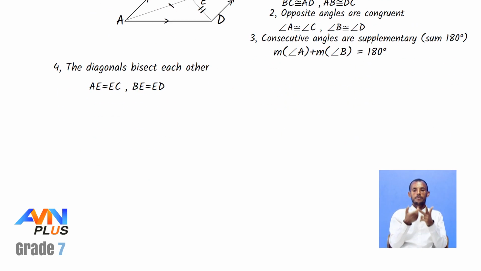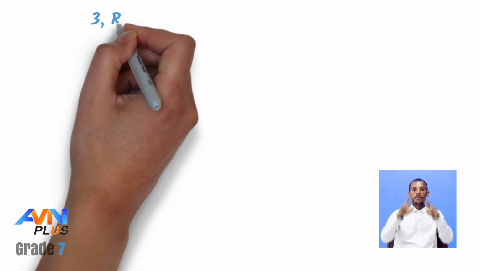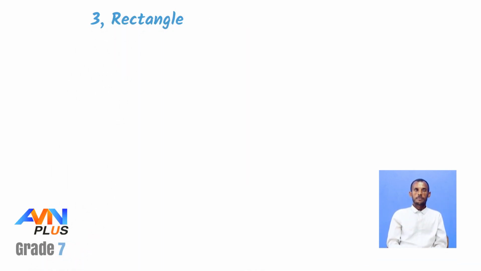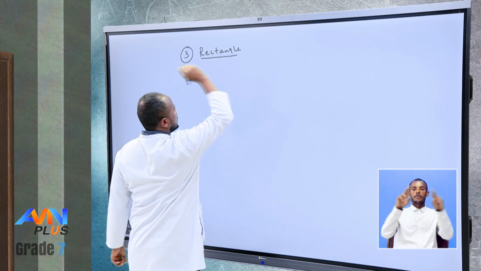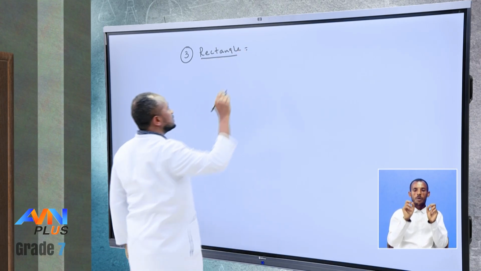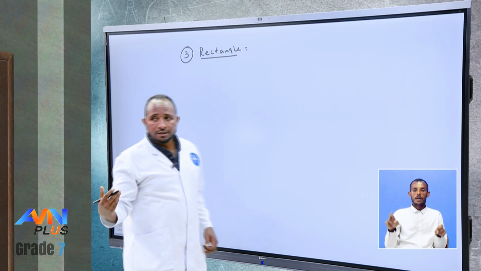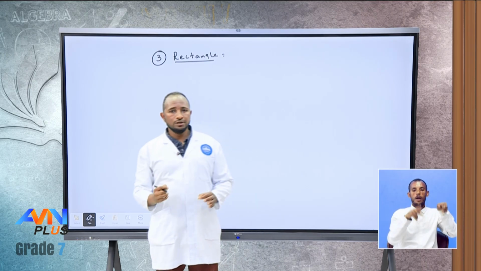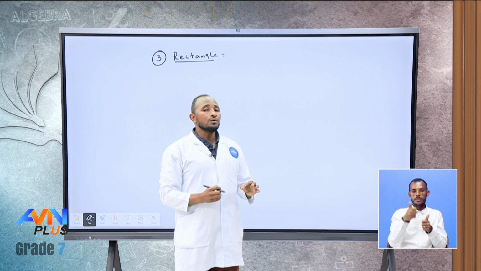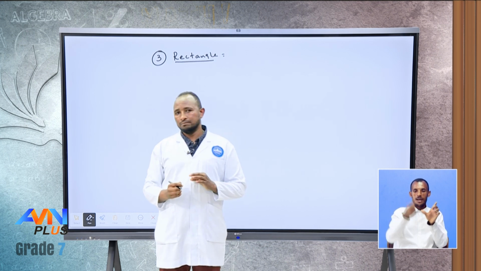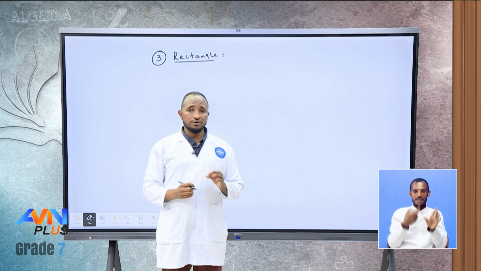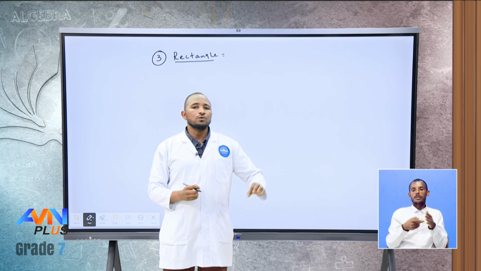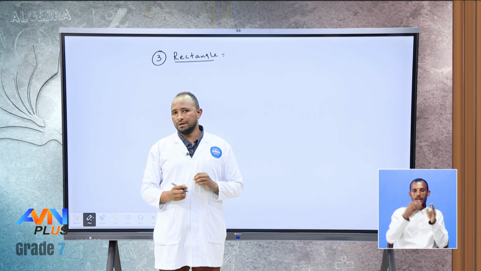Third, rectangle. Okay, this rectangle is a parallelogram in which one of its angles is a right angle. This means if one angle is a right angle, since it is a parallelogram, all its angles become 90 degrees, or right angles.